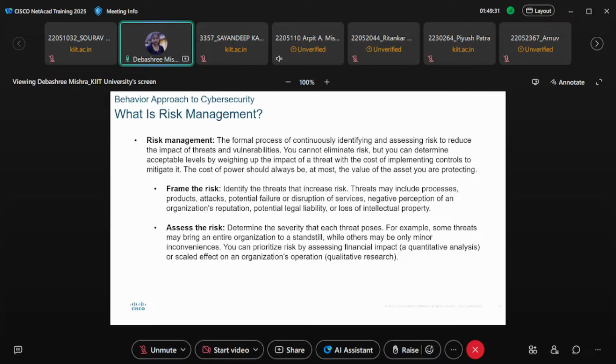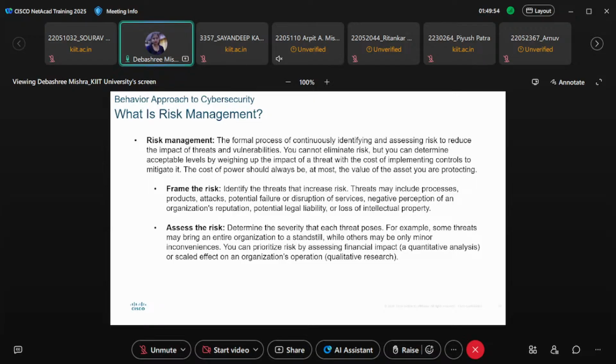We should have some cost of effort so that in future we can reduce the amount of risk. To frame the risk, we need to identify the threats so that we can check the increasing risk factors. Now the threats which have already been detected, we need to process.